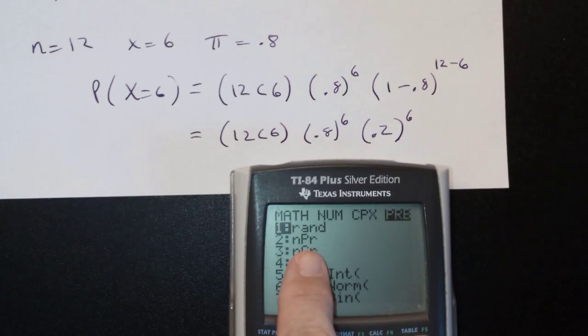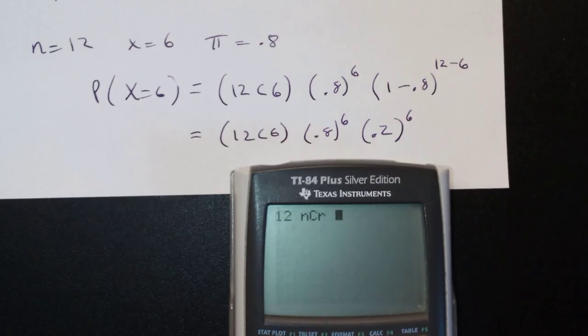There's my nCr. 6. That's the first number. There are 924 different orders for me to succeed or fail. Then I need to take that number, multiply by 0.8 raised to the 6th, and multiply by 0.2 raised to the 6th. There's my chance. The chance of getting exactly 6 successes is pretty small, 1.5%.